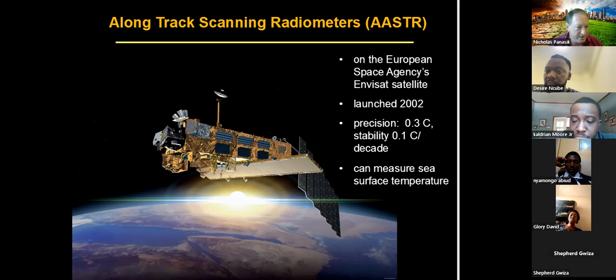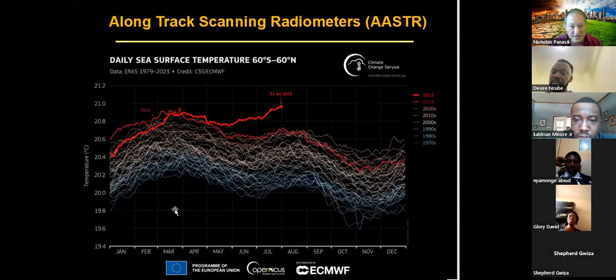And here's some data from the ASTER. This is what some of the data looks like. Down here in blue, this is the data that was measured, the yearly data. So we're going from January to December.